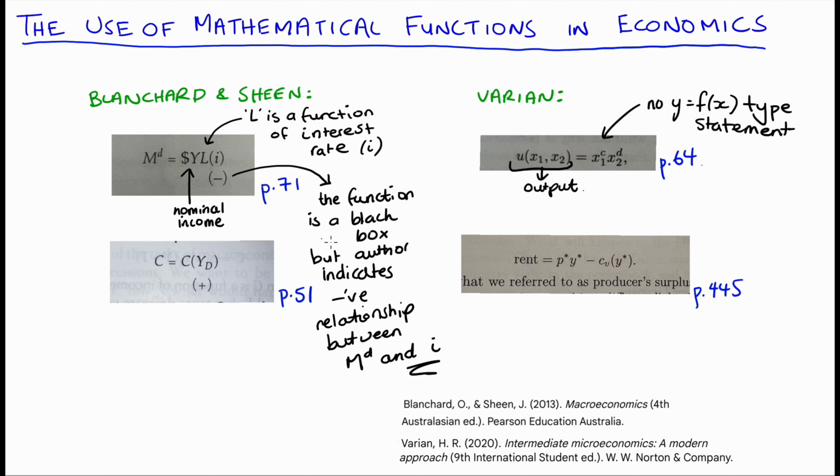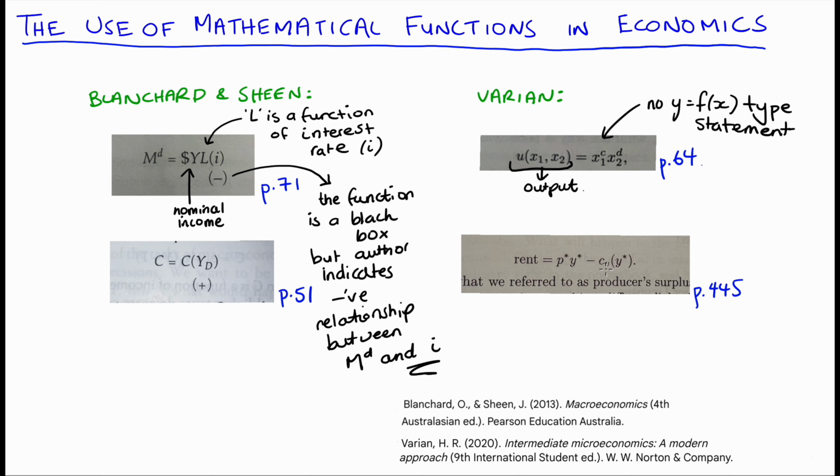All right, let's look at the second example from Varian. I chose this example because I wanted to show you what happens when we're asked to evaluate a function at specific points. So this is from part of the text that discusses the definition of economic rent. So we have price times output, and we're at the optimal levels because of the asterisks, those stars.